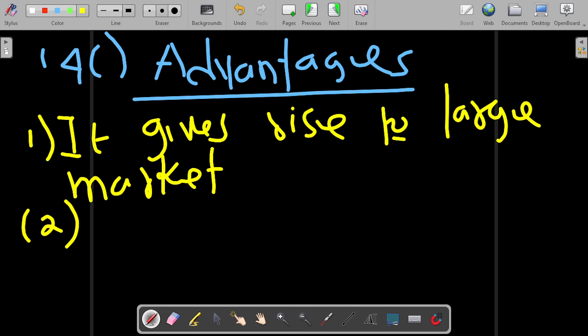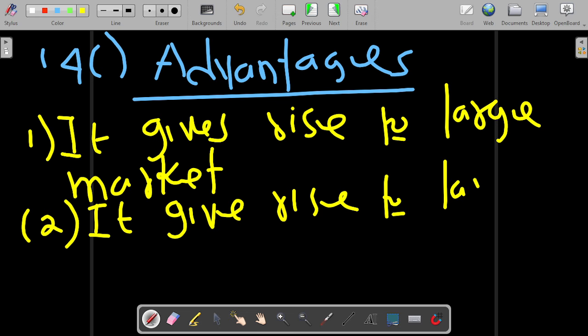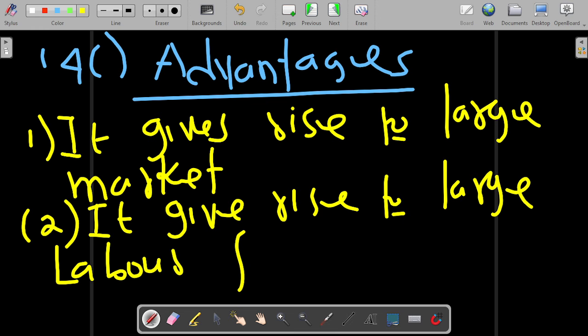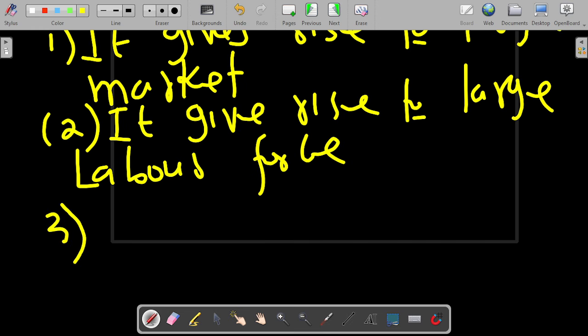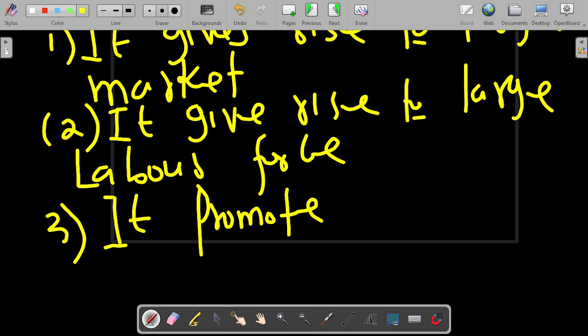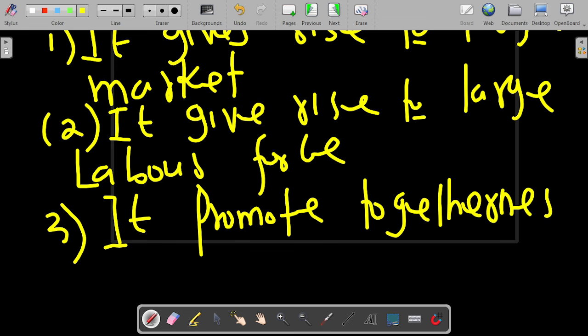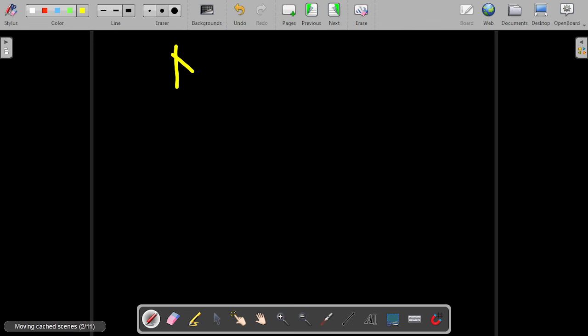It also gives rise to large labor force. And 3, it promotes togetherness.